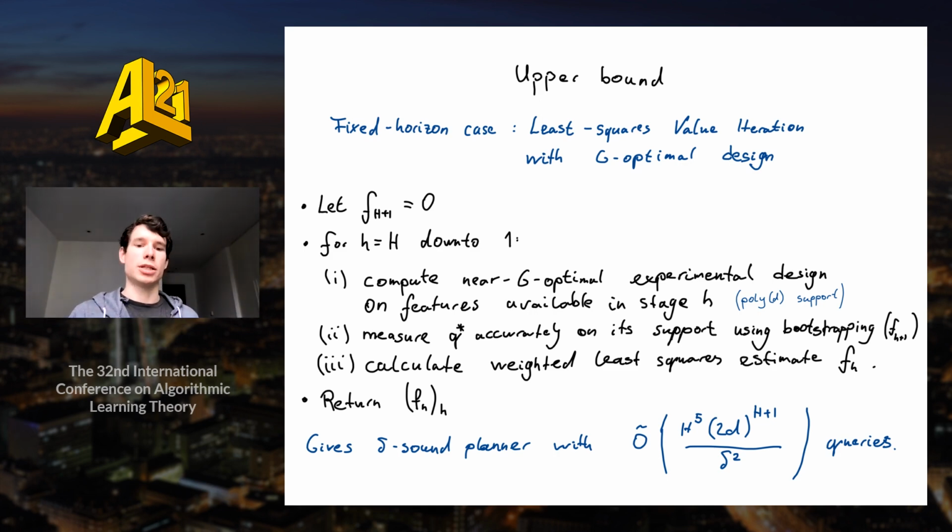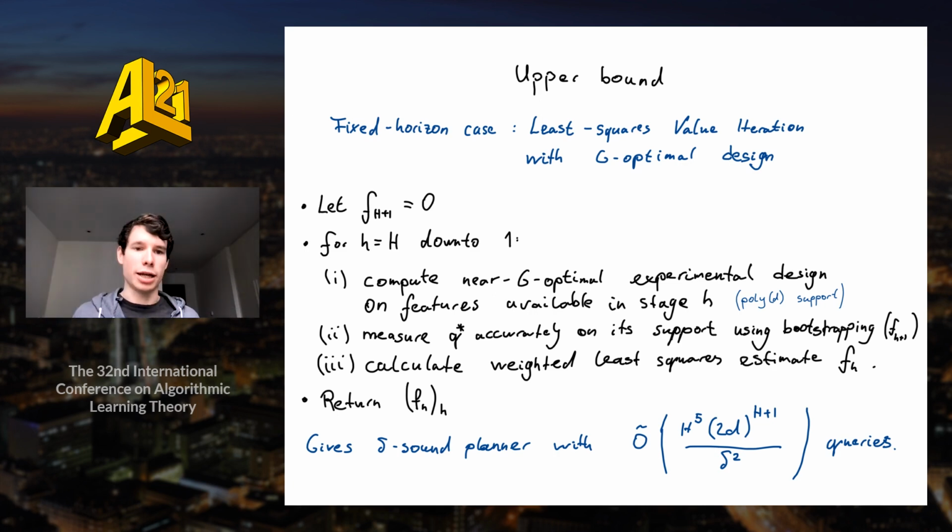And then what we do is we measure Q star as accurately as we can on this support using bootstrapping, using the values of the next stage, the approximate values that we computed in the previous iteration. And then, after knowing the values on the support, we extend that to the values of all the states and actions in this stage by calculating the weighted least squares estimate.